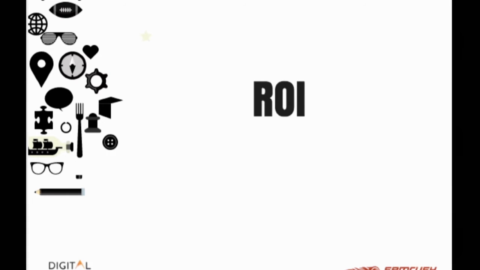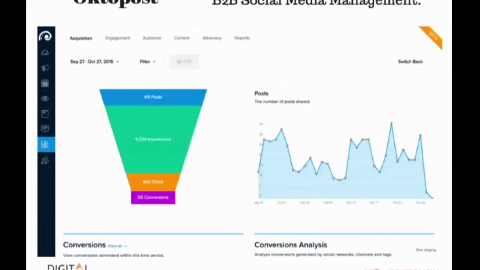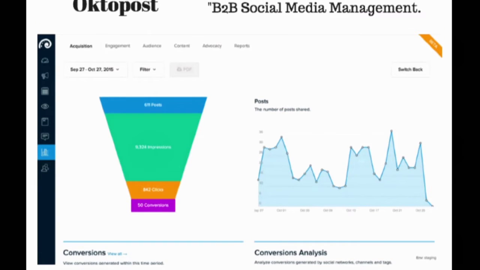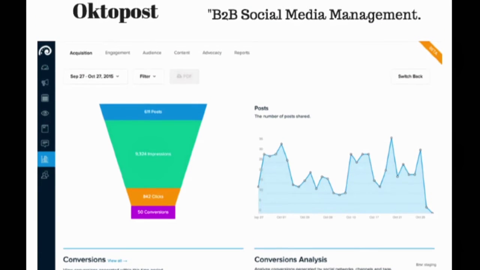The first one, and let me show you, is simply great. The name is Oktopost. Oktopost is created for B2B social media managers, for companies. This platform shows you the ROI of social media and tracks leads back to that post that you just created.